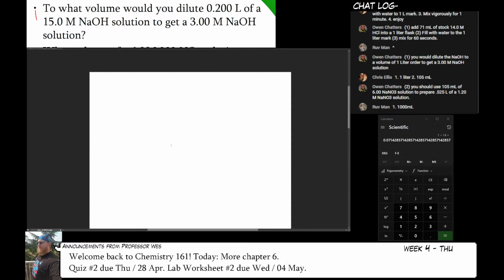All right. Now, this problem is slightly different in the sense that if you make your little matrix here, you'll notice that I have a 15 molar solution of sodium hydroxide, and I'm starting with 0.2 liters of it. And I want a 3 molar solution at the end, but I don't know what its final volume will be.